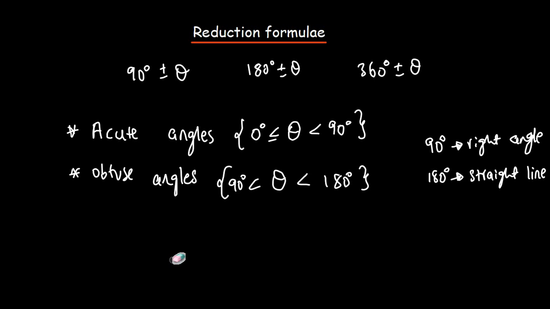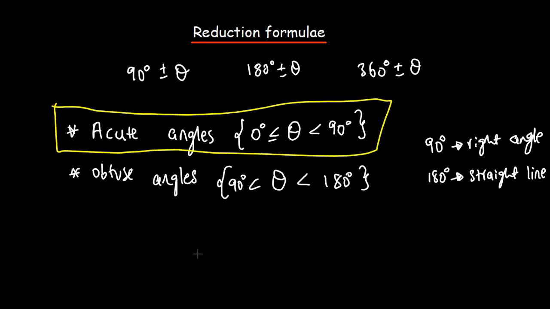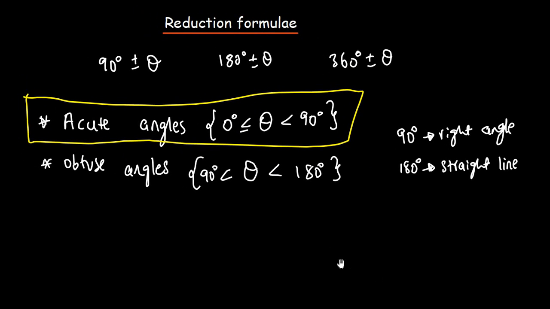So the focus here is going to be on the acute angles, which are angles between 0 degrees and 90. The whole idea behind using reduction formulae is that we want to reduce angles so that they are below 90 degrees. If you ask me why, I'm definitely going to tell you that we are just doing it for the sake of fun. So that is your trick.